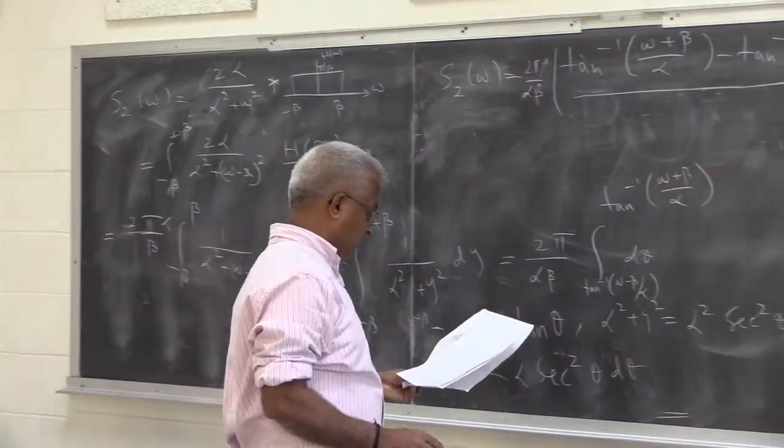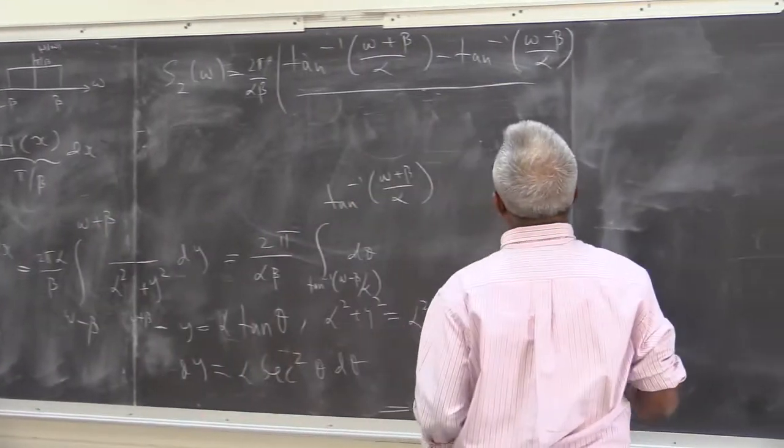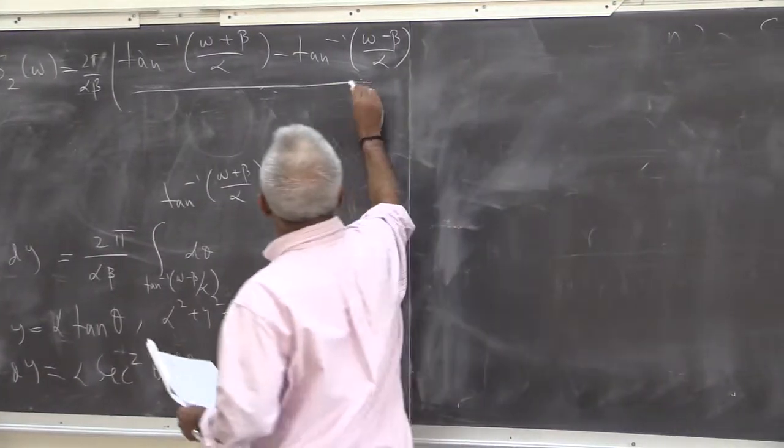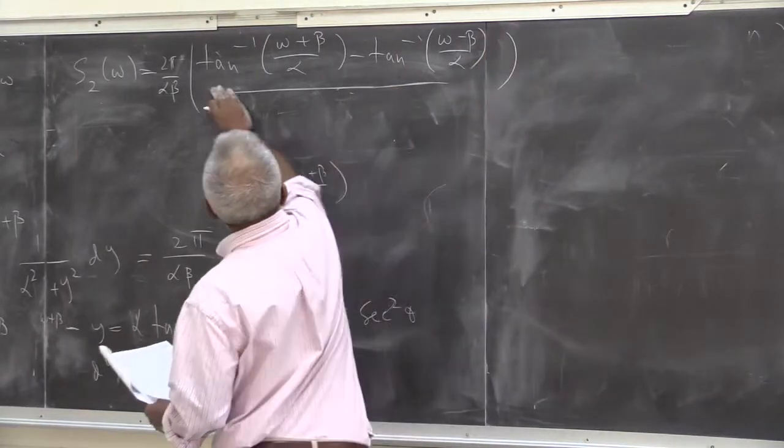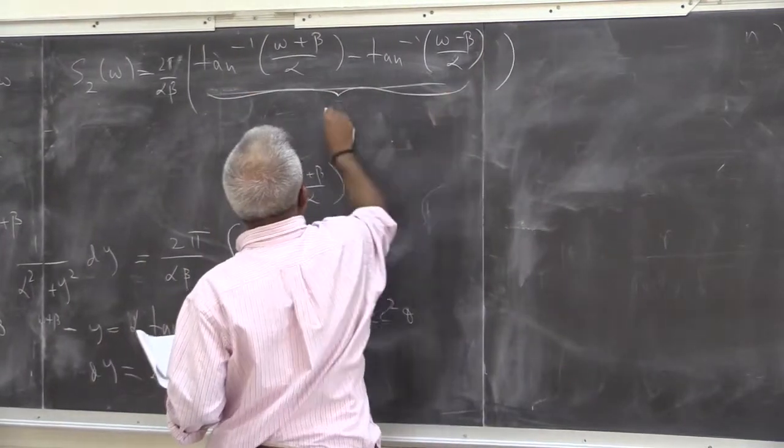So how to simplify the numerator? Let me call this whole thing A.